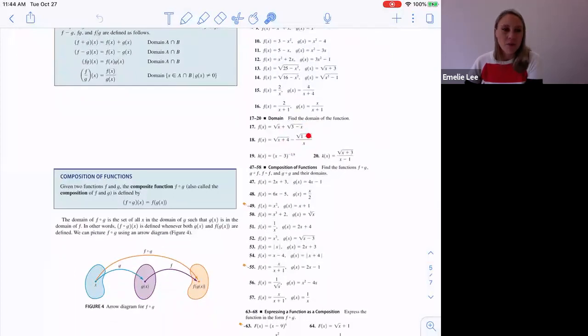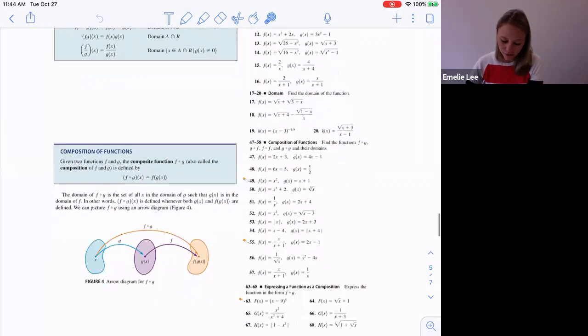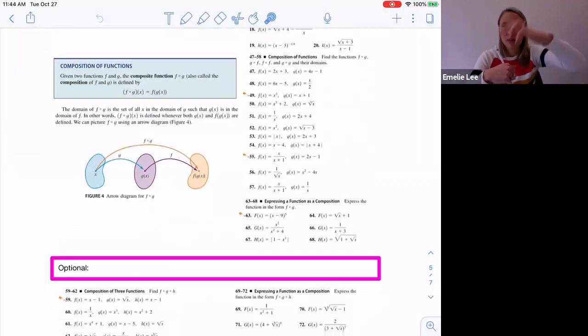There's some more domain problems here. You'll see I posted the solutions to all the chapter 2 notes on Moodle, so you've got those. So you can go through and find these domains. These are going to be a little bit trickier, right? But what I want to talk about is the composition of functions. Composition of functions are pretty fun. We're just kind of stuffing functions inside other functions. And again, we're just really making new functions.